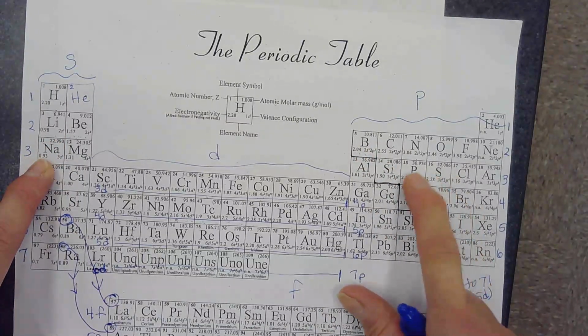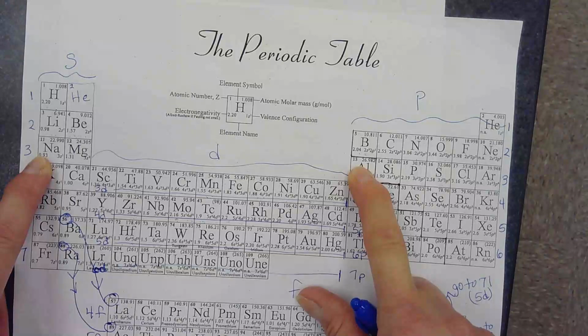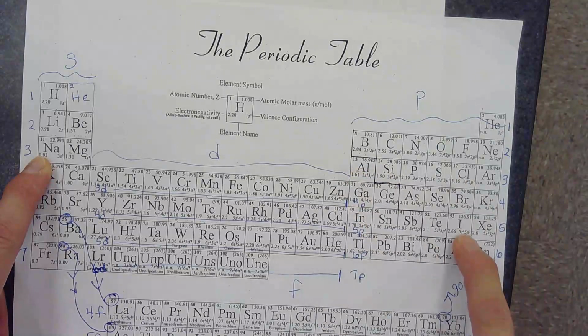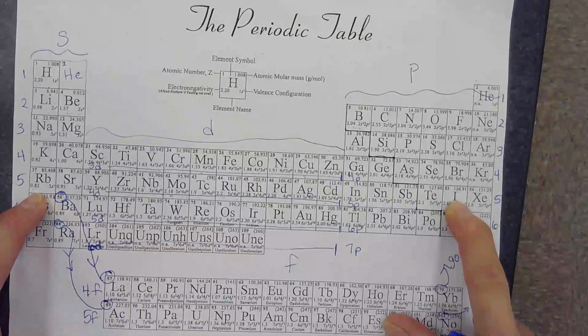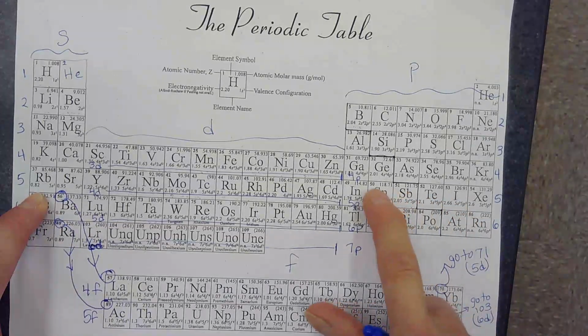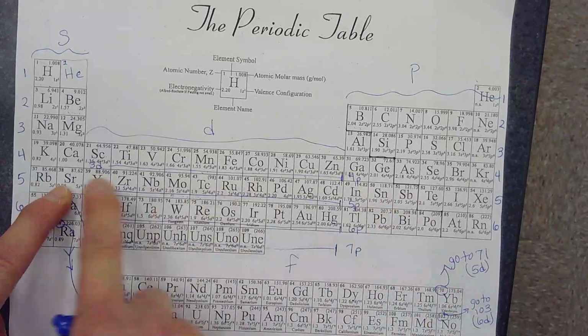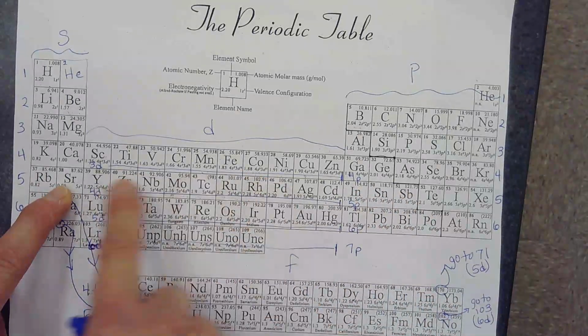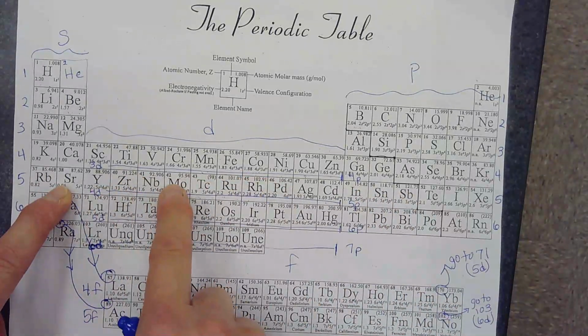Good job. 1, 2, 3, 4, 5, 6. Yes? How many valence electrons are in iodine? 7. Good job. Why? 1, 2, 3, 4, 5, 6, 7. Why do we not worry about this? Because it is not outer. It's inner. Good job.